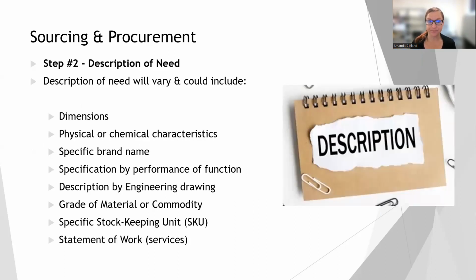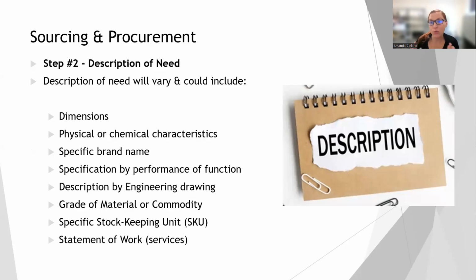So a description of our need is going to vary depending on what we want to buy and could include things like dimensions, physical or chemical characteristics. It could be a specific brand name. It could be a specific performance or function. It could be an engineering drawing.